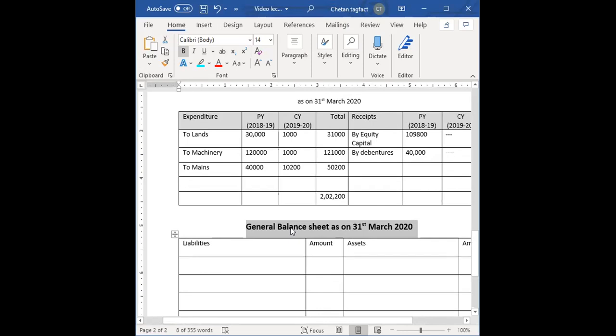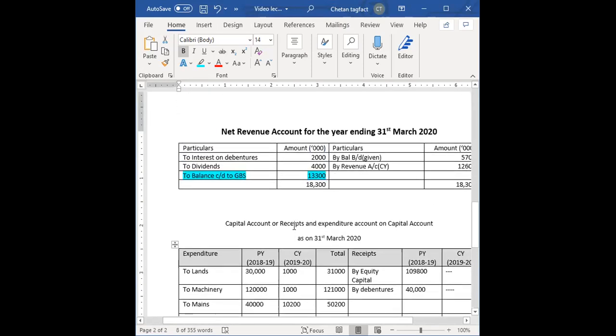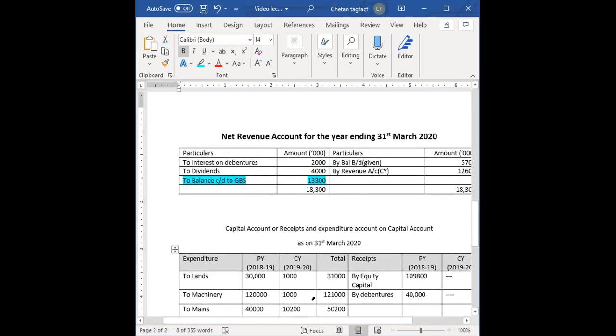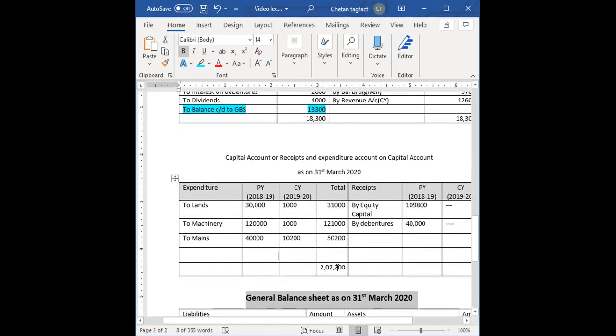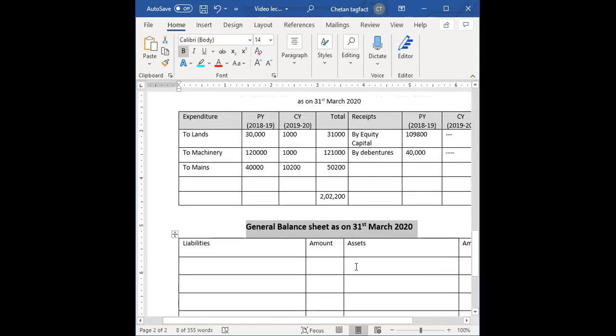So first, let's bring down the balances of the two accounts. One is from your net revenue account, we have to bring down the balance, and next we have the balances of capital account or receipts and capital expenditure on capital account. These balances have to be taken in the appropriate places.